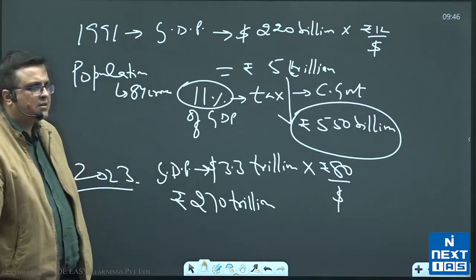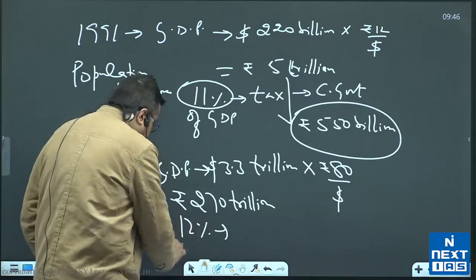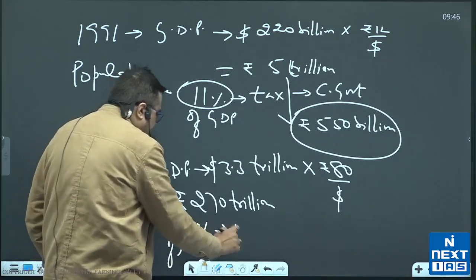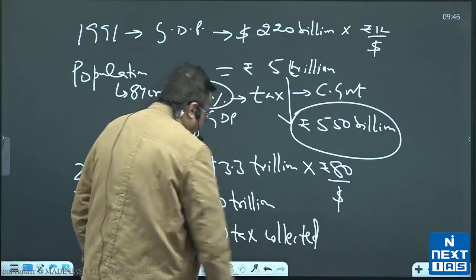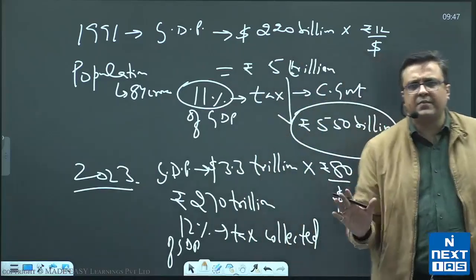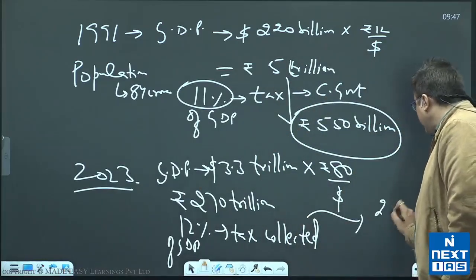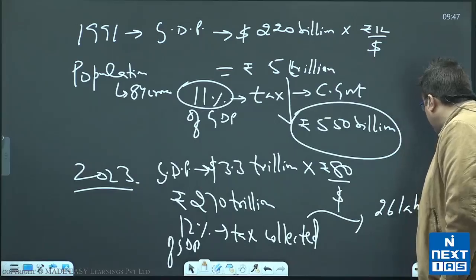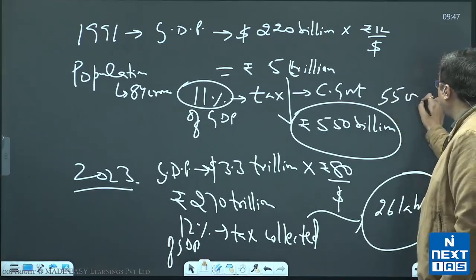Nominal terms, of course. And our tax collection by central government is 12% of GDP, approximately again. Which means even if I remove the share of the state government and all, the tax collected by central government remains around 26 lakh crore, which used to be 55,000 crore.